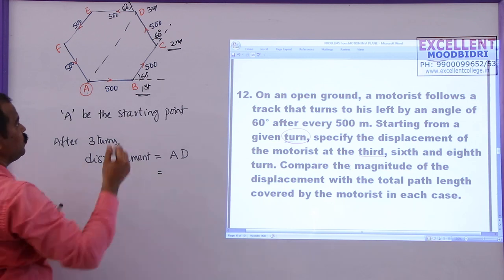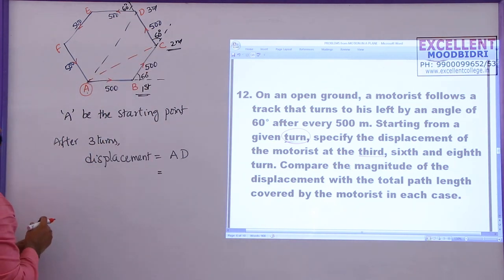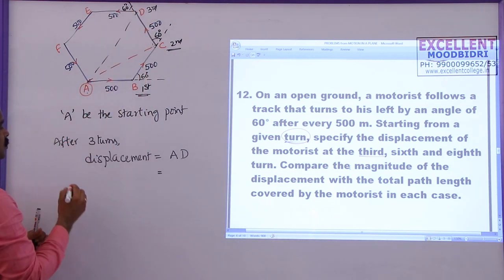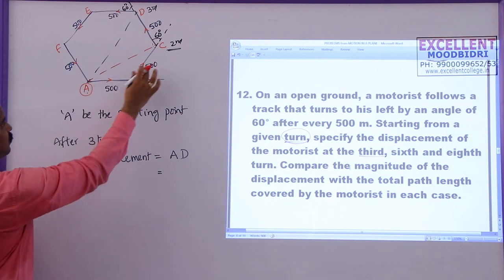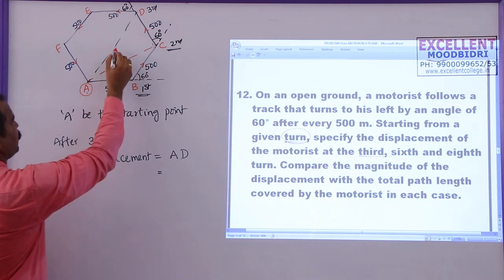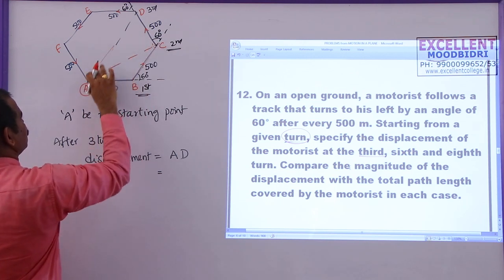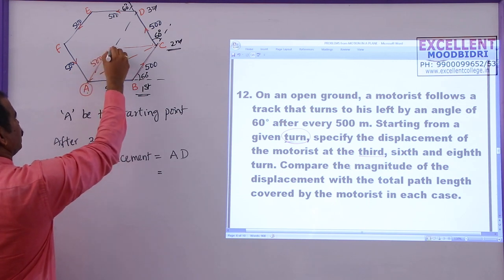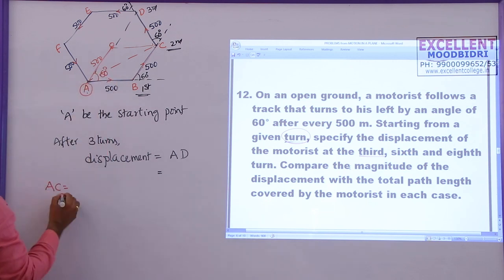How to find AD here? To find AD, first let me find AC. So AD will be the sum of AC and CD. First, what is AC? AC is given by the sum of these two vectors. You see, this BC is parallel to this, so this is also 500 to this point O. So this angle will be 60 degrees.